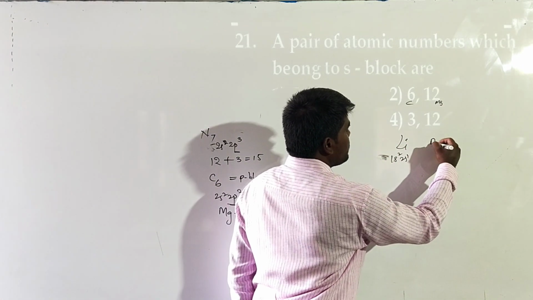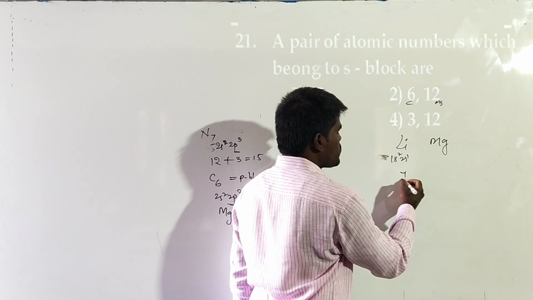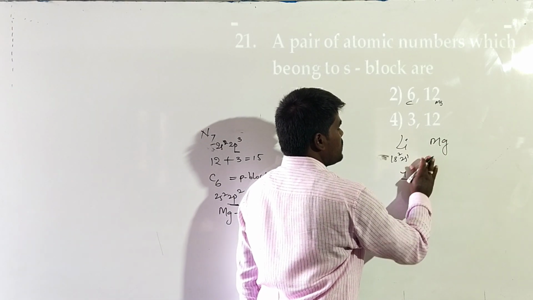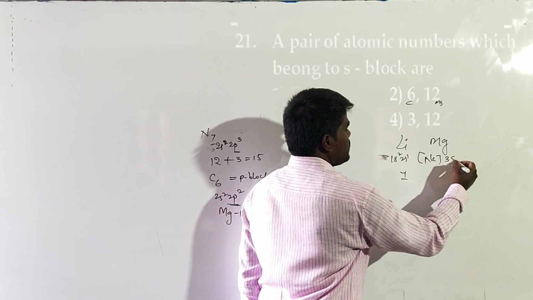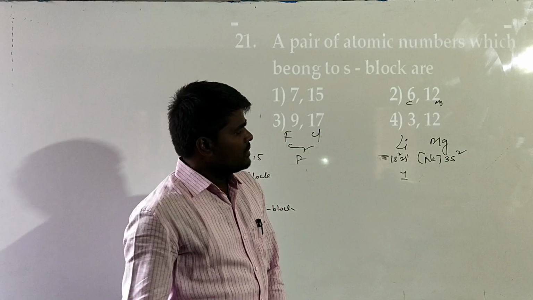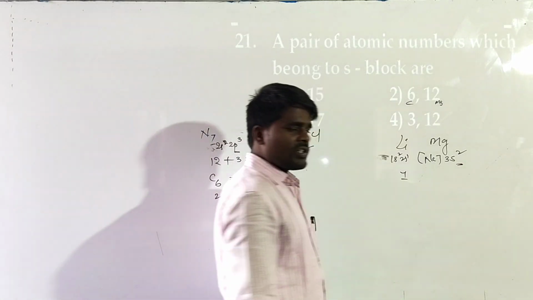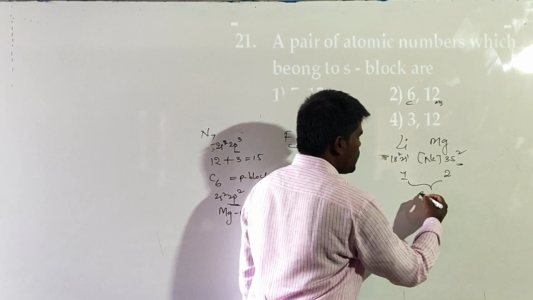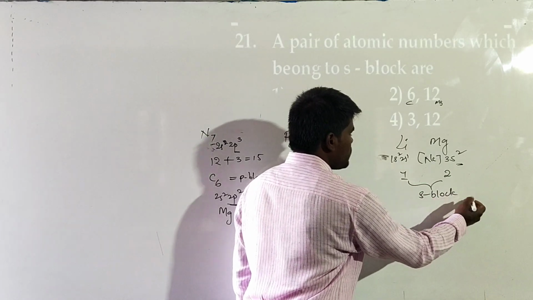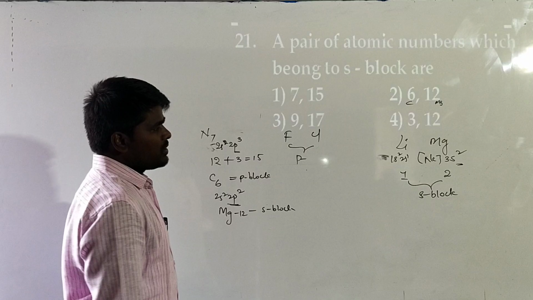And what about this? Magnesium. Right? This is the second group. Here the valence electron is present in the s orbital, 3s2, so it will also come to the s block. These two belong to the s block. So as per the question, what is our answer? Fourth option will be the answer.